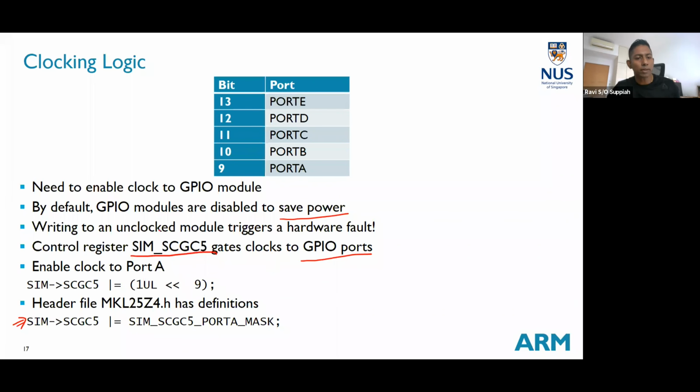This is a very common programming style you'll be using in this module, where you have a base pointer pointing to the structure, and within the structure, all the register files have been defined. For each of the register files, you can use one of the existing hex definitions or macros to configure that particular bit to a value.